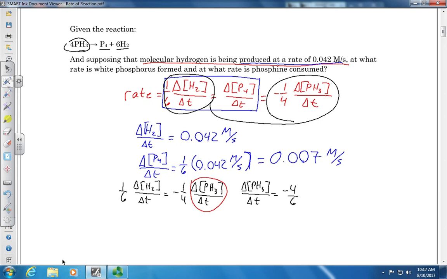Just for the sake of simplicity and explicitness, I'm leaving it as 4/6 delta H2 over delta T, which we can then rewrite as, let's go ahead and reduce it now, -2/3 times our 0.042 molar per second. So if you do the calculation, you end up getting -0.028 molars per second.